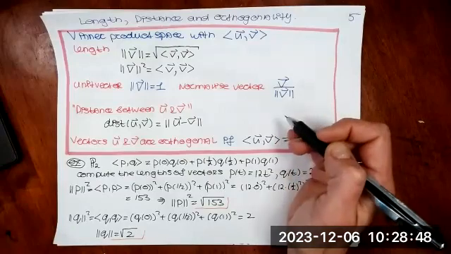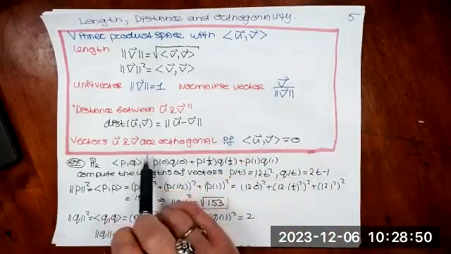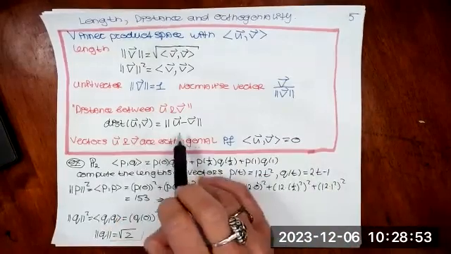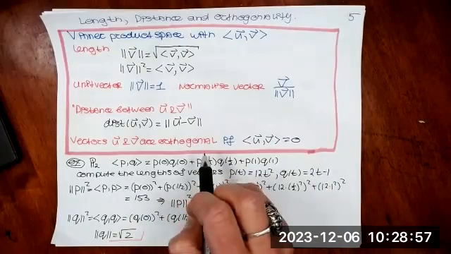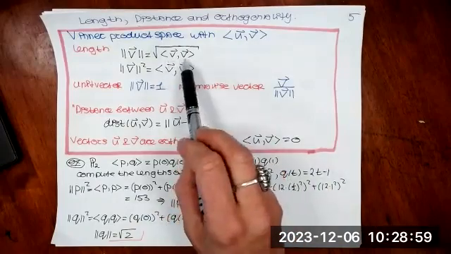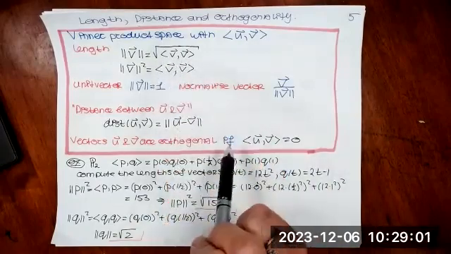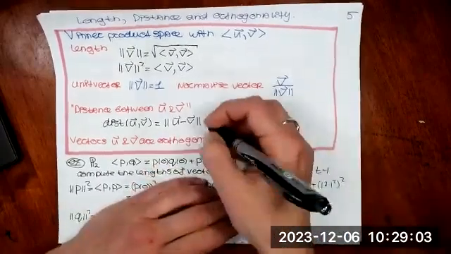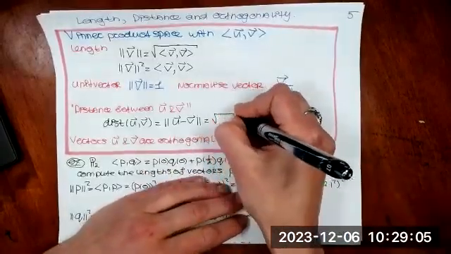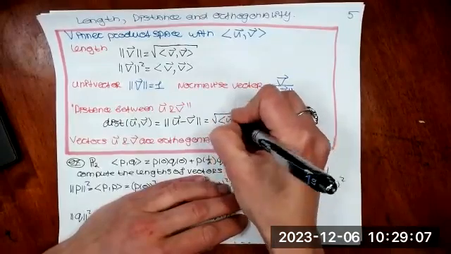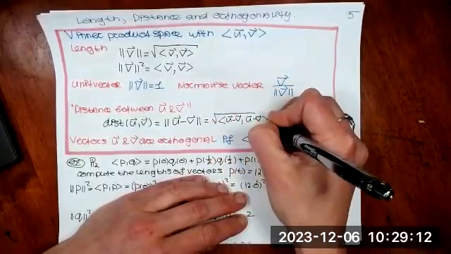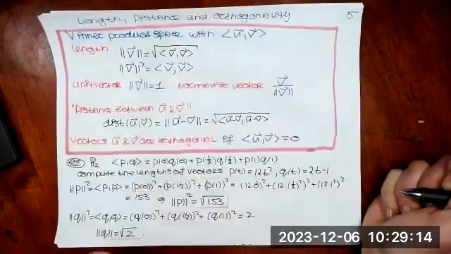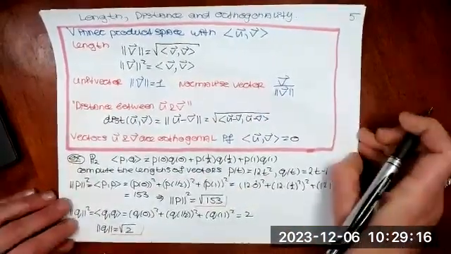The distance between u and v, same thing as for the dot product, is just the norm of u minus v. Except here the norm would be defined in terms of the inner product and not the dot product. You would have the square root of the inner product of u minus v with itself. Instead of the dot product, you're using the general inner product.